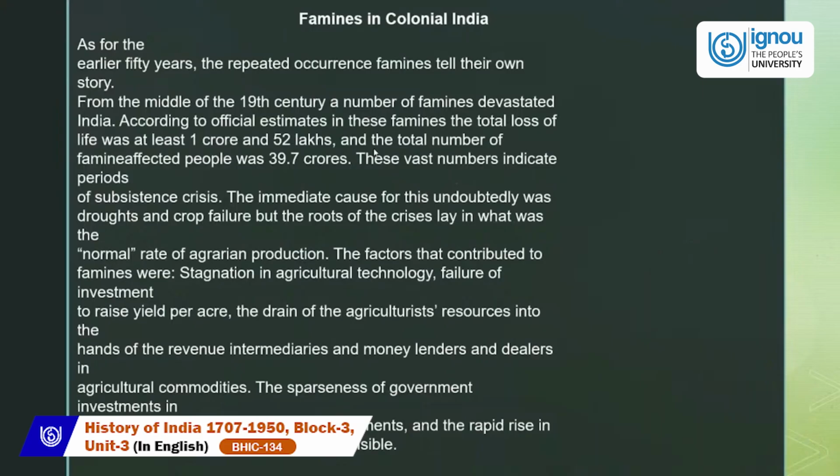The immediate cause for this was undoubtedly droughts and crop failure, but the roots of the crisis lay in the normal rate of agrarian production. The factors that contributed to famines were stagnation of agricultural technology, failure of investment to raise yield per acre, and the trade of agricultural resources being in the hands of revenue intermediaries and moneylenders and dealers in agricultural commodities.